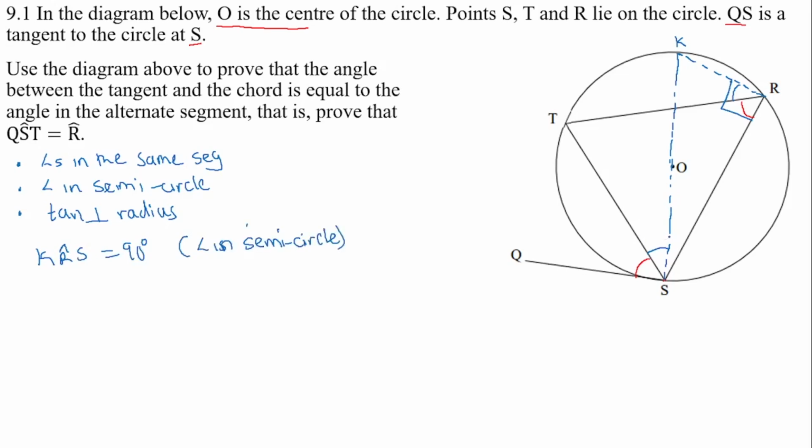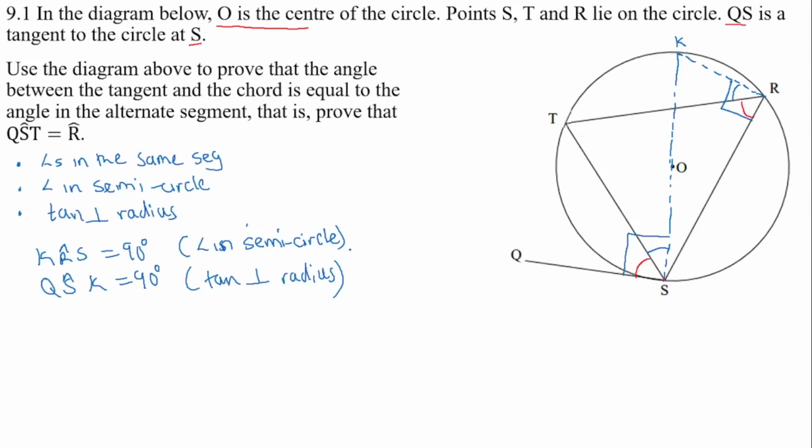And then we have this angle QSK. What is angle QSK? Right, angle QSK is equal to 90 degrees also. This is the tangent perpendicular to radius, or you say tangent perpendicular to diameter.